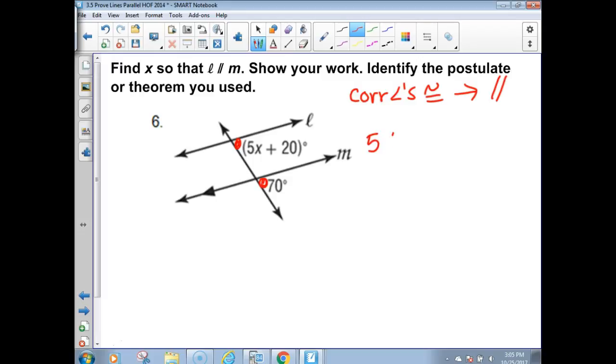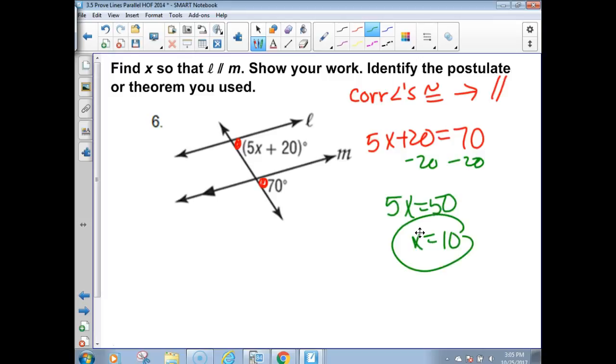All right, so 5x plus 20 equals 70. Solve that, and you get x is 10.